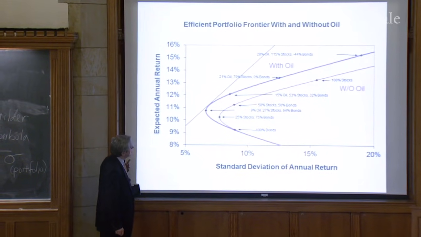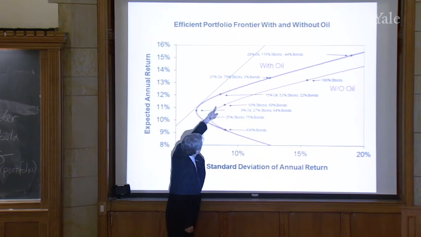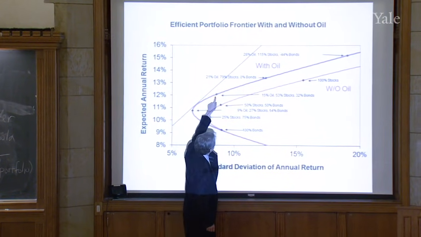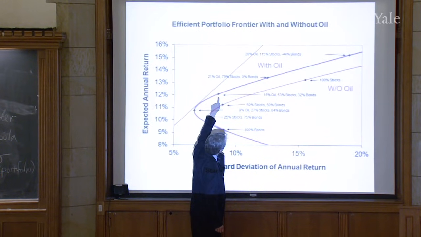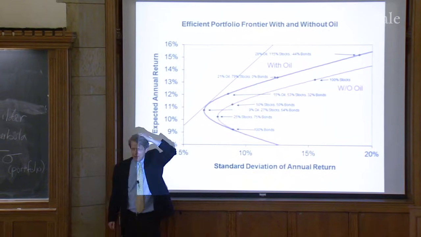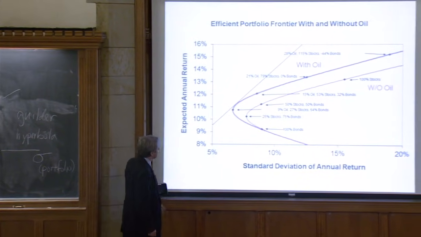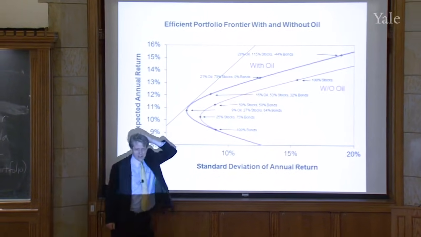But I don't want to ever just move to one of these other portfolios. So these other portfolios, like 15% oil, 53% stocks, 32% bonds, is dominated: it has a higher expected return for the same risk by a portfolio of the tangency portfolio leveraged up a little bit by borrowing.